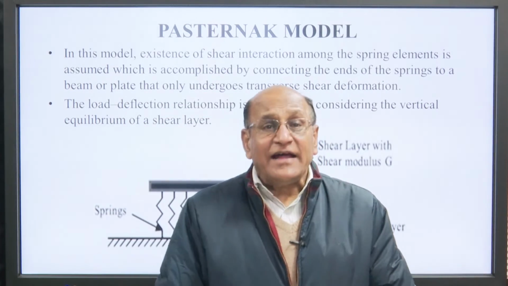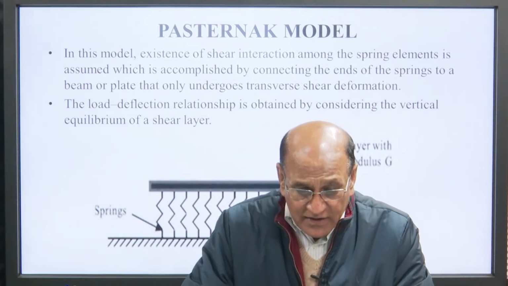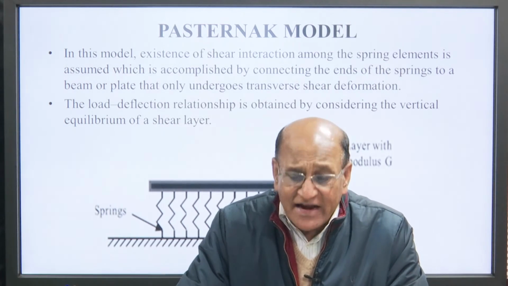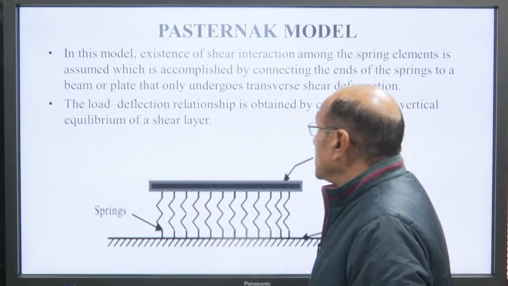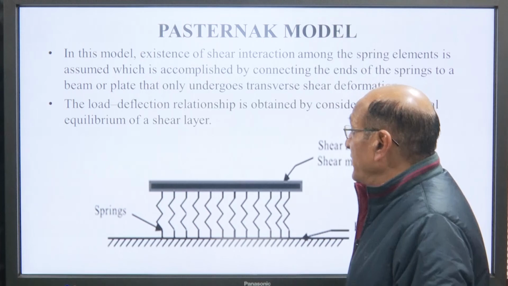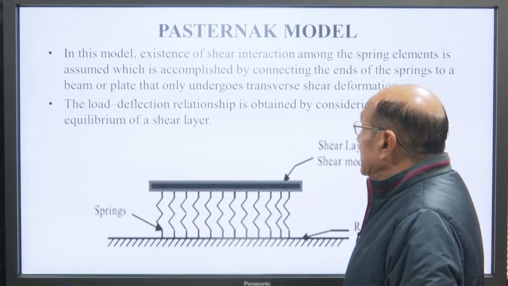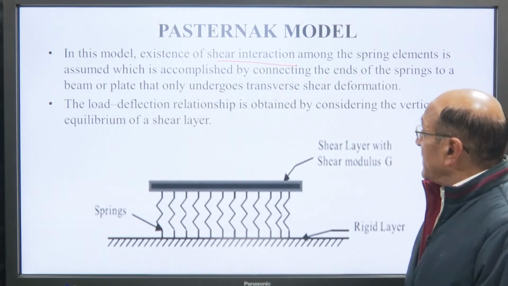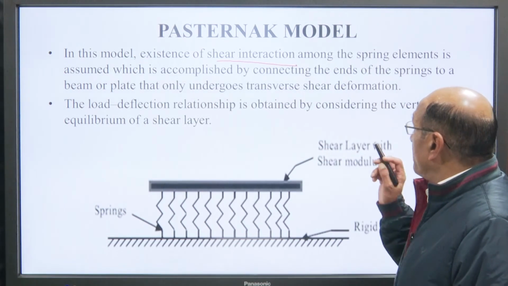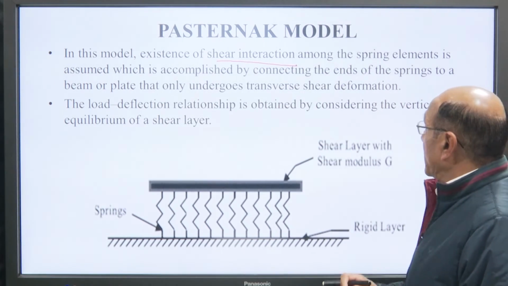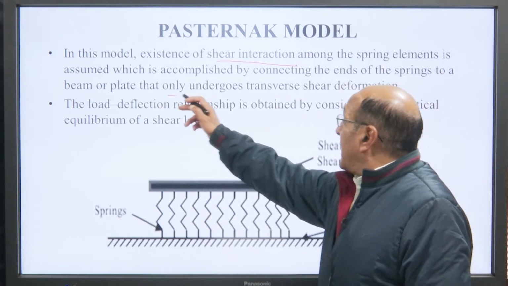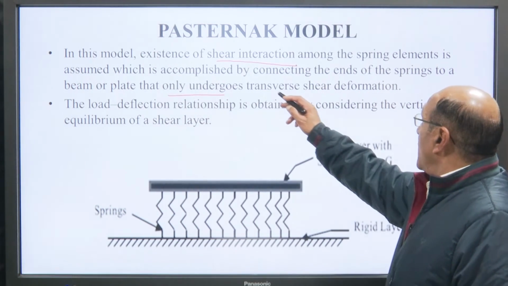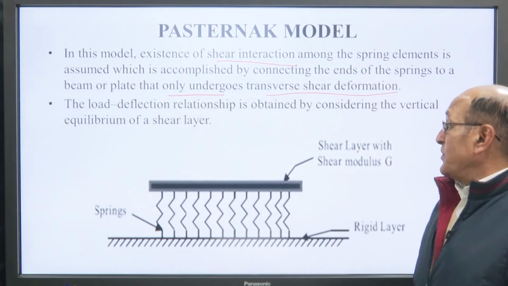Then the next model is the Pasternak model. The Pasternak model is another model apart from those we have discussed above. In this model, the existence of shear interaction among the spring elements is assumed, which is accomplished by connecting the end of a spring to a beam or plate that only undergoes transverse shear deformation.